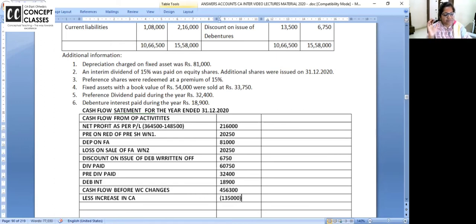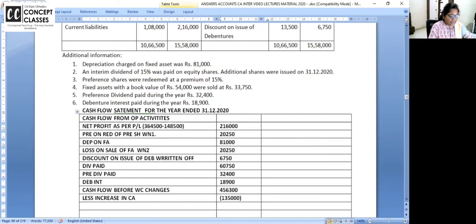Working capital: 1,35,000. Current assets are increasing and the burden has increased. Increase in current assets, where would current assets increase from? If stock increased, you must have made purchases, debtors increased, like that. Now come to current liabilities: 2,16,000 minus 1,08,000. So it's double the figure and the subtraction is the same. Current liabilities have increased. Increase in liabilities is an inflow. Good thing, no? If liabilities decrease, it means you have paid, an outflow.